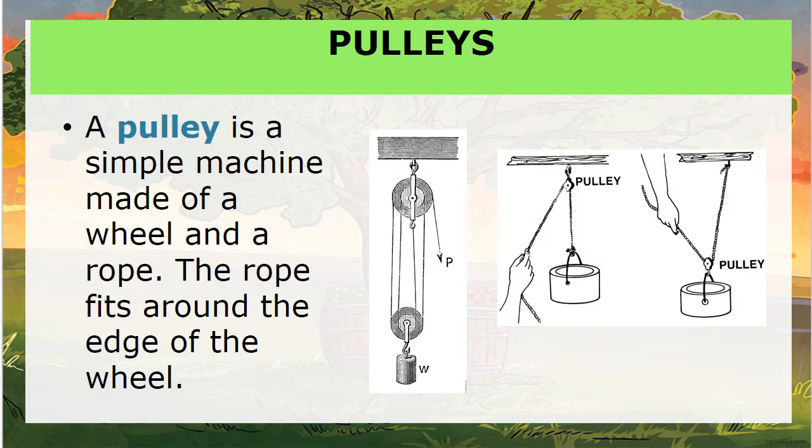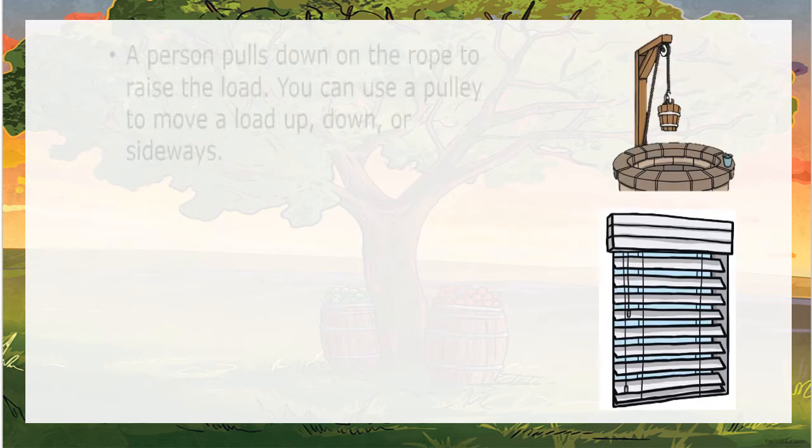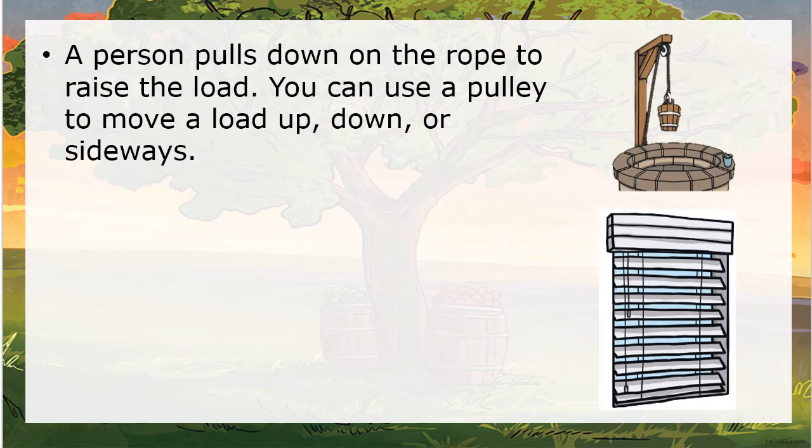Next up is the pulley. A pulley is a simple machine made up of a wheel and a rope. The rope fits around the edge of the wheel. A person pulls down on the rope to raise the load.